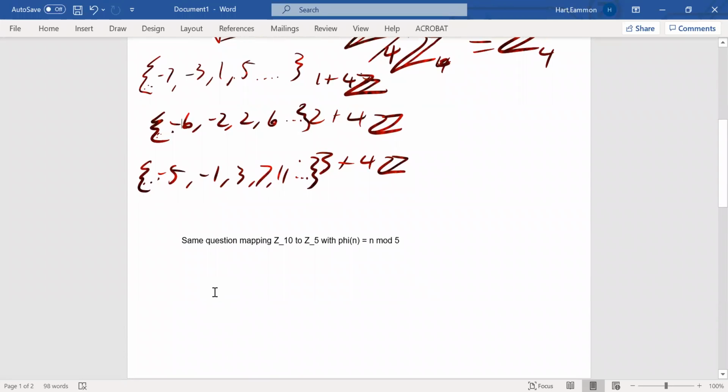So the same question here, but now we're mapping from Z10, so the integers mod 10, to Z5, with the obvious function of n mod 5.